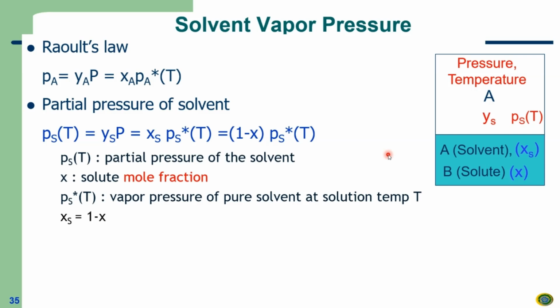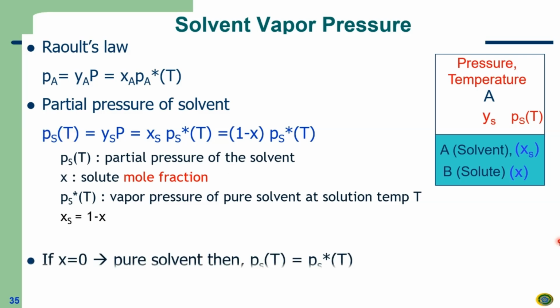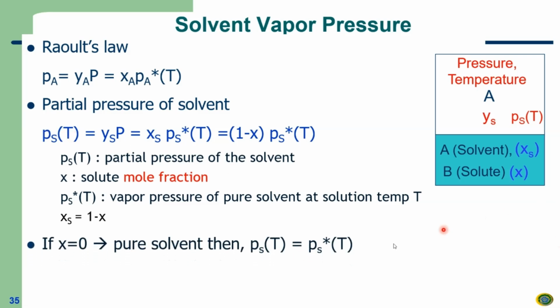So it depends on how much sugar you put into the water. You will change the partial pressure. So if X is equal to 0, if I don't have any sugar in the water, then X sub S will be equal to 1.